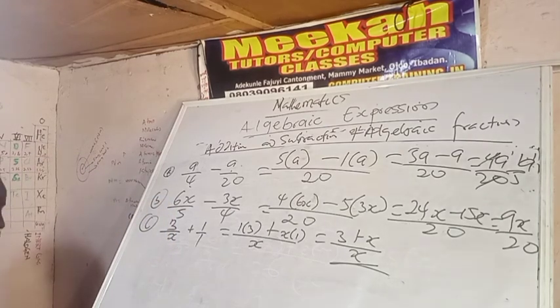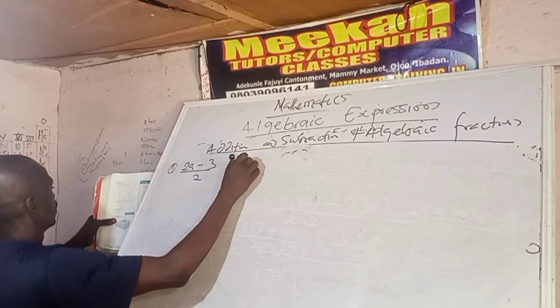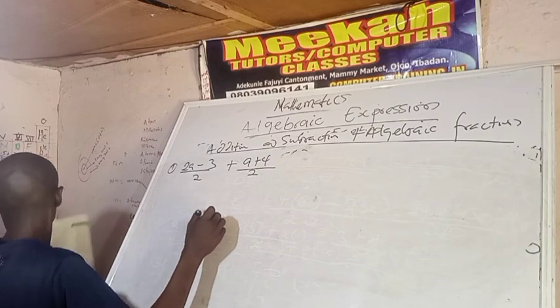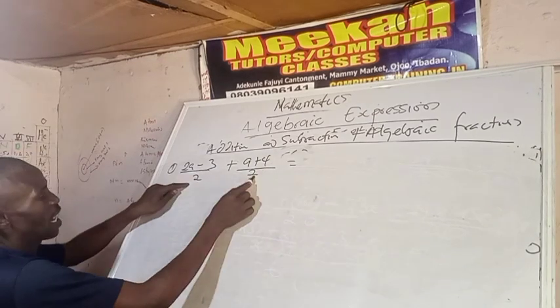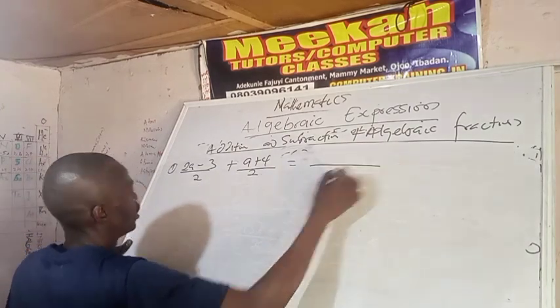Are we clear now? 2a minus 3 over 2 plus a plus 4 over 2. Now, what you need to do here, they have a common denominator. The LCM is 2. I wrote 2 here.